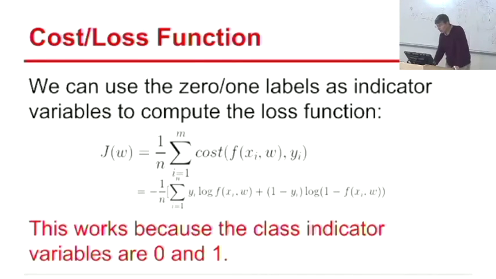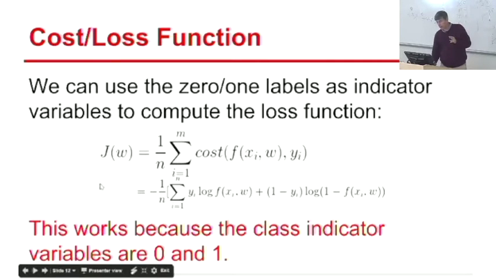We have n training examples, and by replacing f of x by the logistic function, and h sub x by the linear combination of x and y, this is a function computed from your training examples, and it's a function of w. J is a function of w.